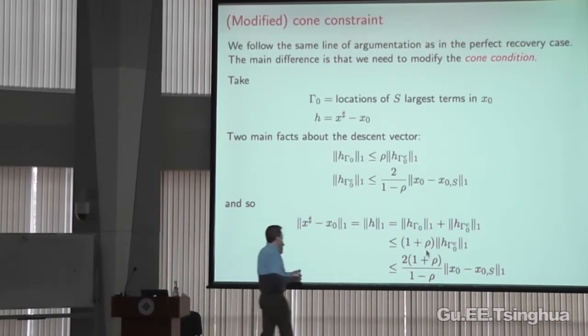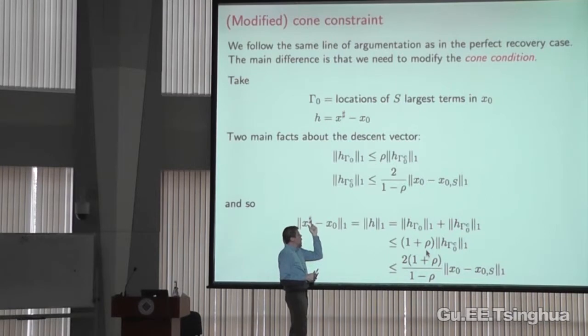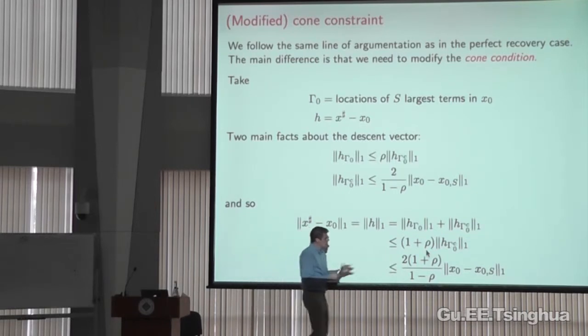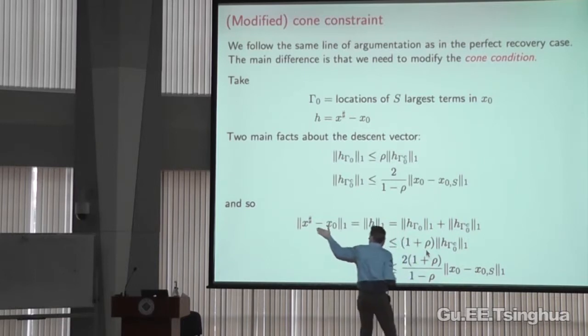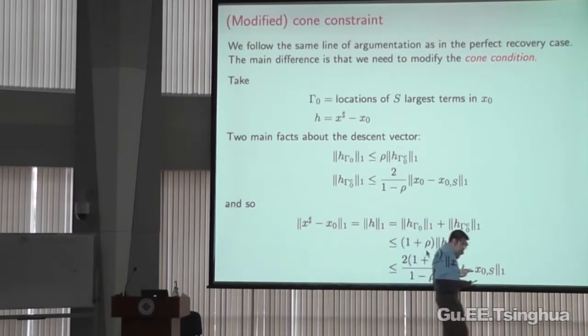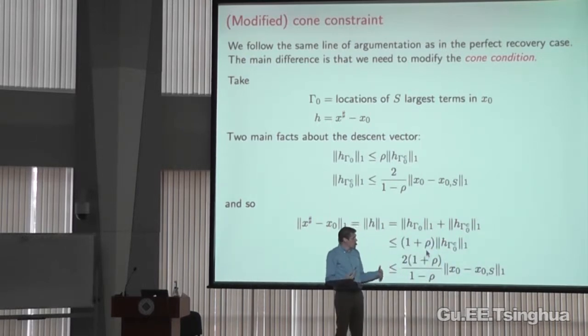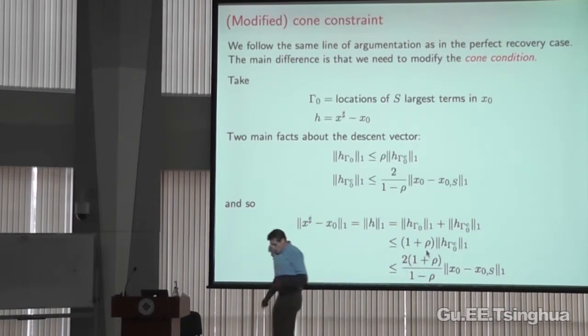So basically the difference between what I recover and what I'm after, the non-sparse vector, by using the work we did before and this new cone constraint, just combining those two things almost immediately gives that the L1 norm here is less than the L1 norm of this difference, again, times some constant. So again, this constant, if rho is less than 1, say rho is less than a half, turns out to be something like 6 or something like that.